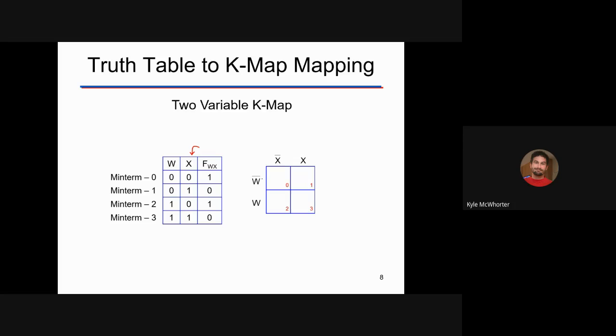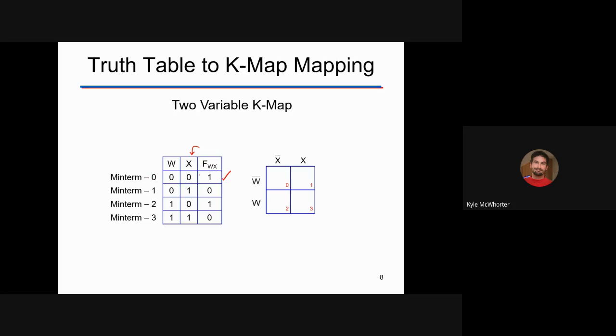This variable is w, so not w and w on the side. Now, if you look at this box here, this box is not w and not x, which is a 0 and a 0, right? So 0, 0, that cell corresponds to this row.